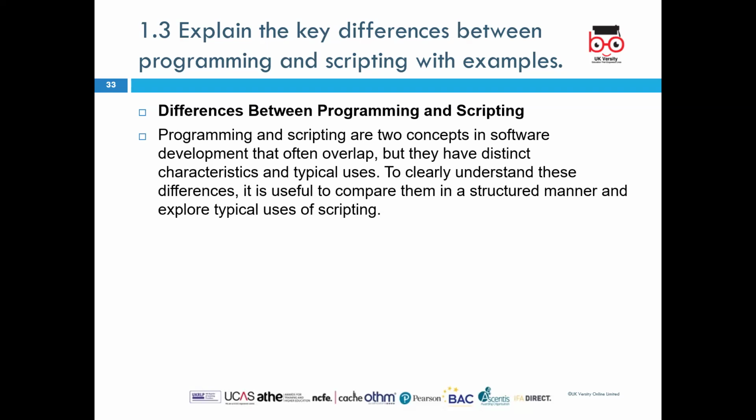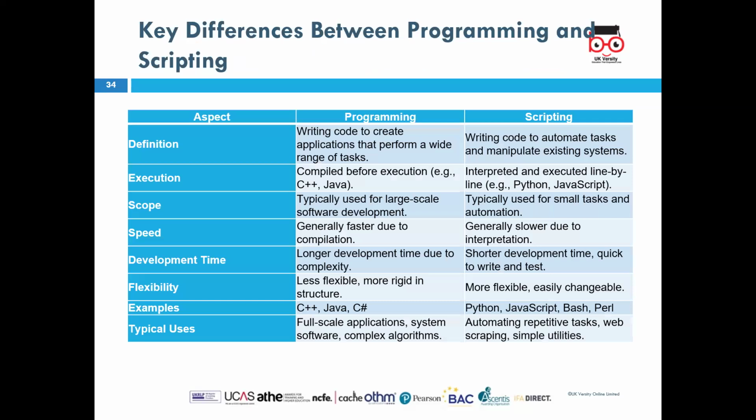To clearly understand the difference, it is useful to compare them in a structured manner and explore typical uses of scripting. Programming is writing code to create applications that perform a wide range of tasks, while scripting is writing code to automate tasks and manipulate existing systems.